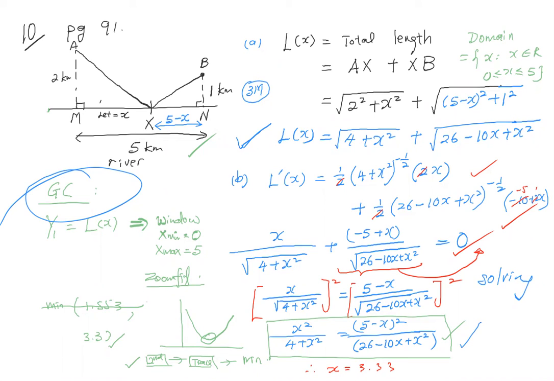If you don't want to use this method, actually on the GC you can also solve it by using what? Can someone still remember how to solve this? By using what? Yes. Numerical solver.